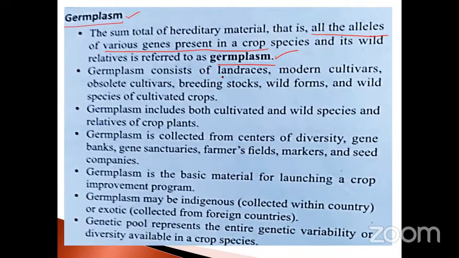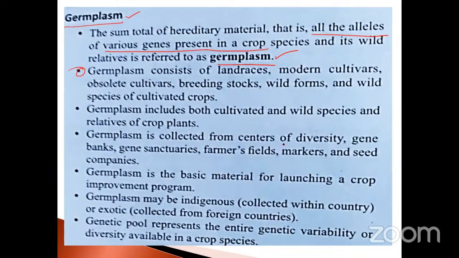The germplasm consists of land races, modern cultivars, obsolete cultivars, breeding stocks, wild forms, and wild species of cultivated crops. Where it will be used? The germplasm includes both cultivated and wild species and relatives of crop plants.